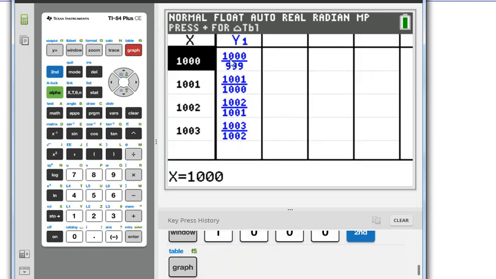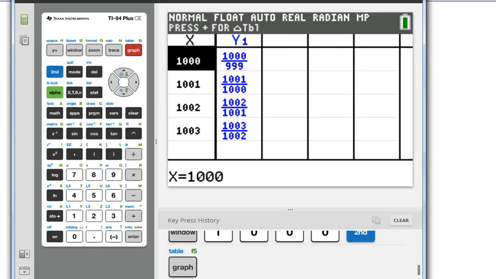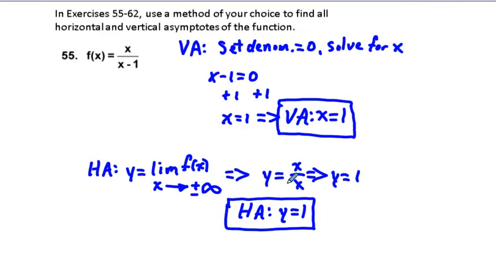Here at 1,000, we have 1,000 over 999. And so I hope you can see that if we got up to 1,000,000, we would have 1,000,000 over 999. So approaching 1. And we'd see the same going the negative direction. So that is some corroboration.